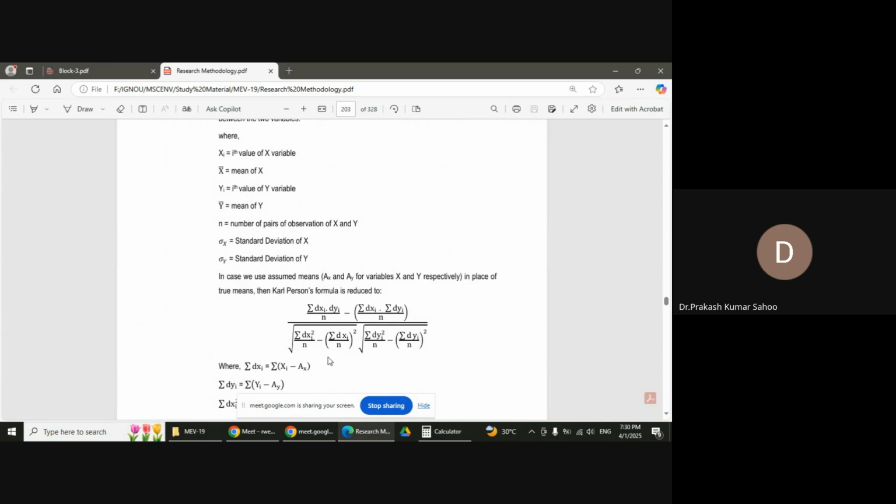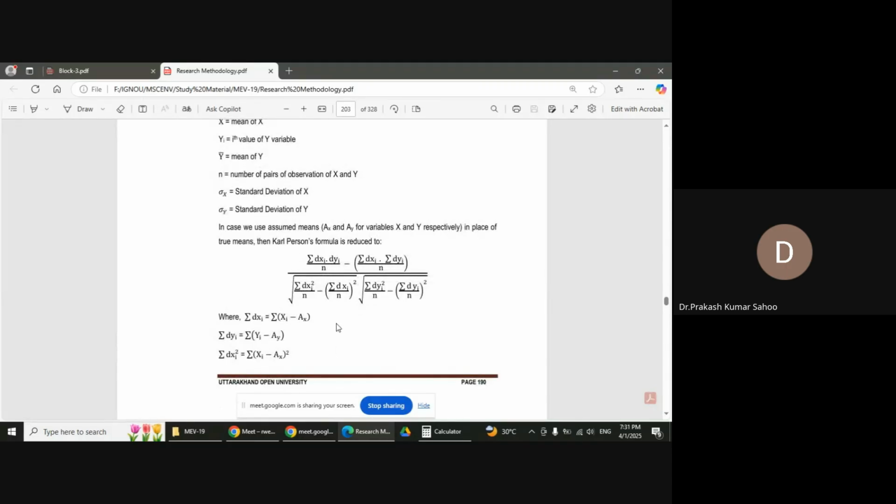This is the summation of the first set of data multiplied by the second set of data, divided by the number of observations, minus the individual summations divided by n, divided by the same way the first set of data summation squared divided by n, minus the first set of sum squared.